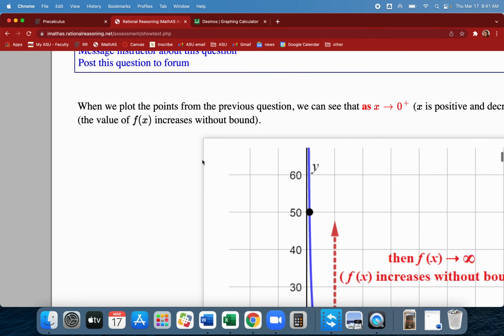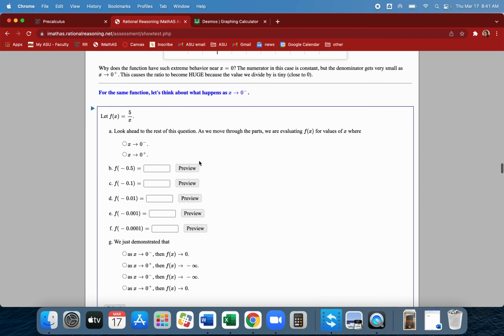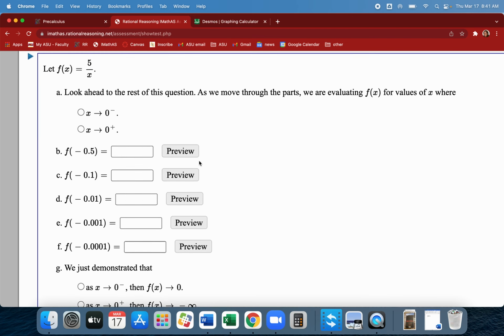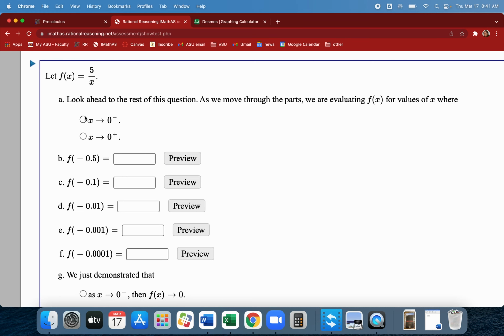So let's see. Here we go. I thought there was another one here. But here's the other half to that. If I'm looking at x approaching 0, but using values that are all to the left of 0, that's what this is.